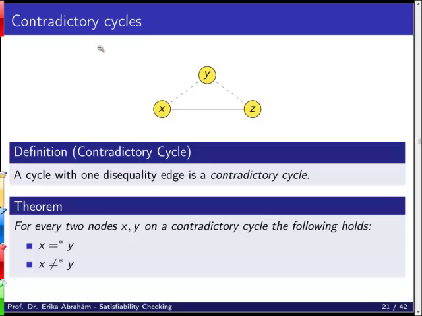So what we had is this example where we had x equals y, y equals z, and x does not equal z.